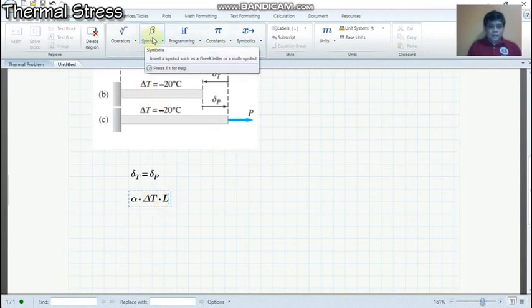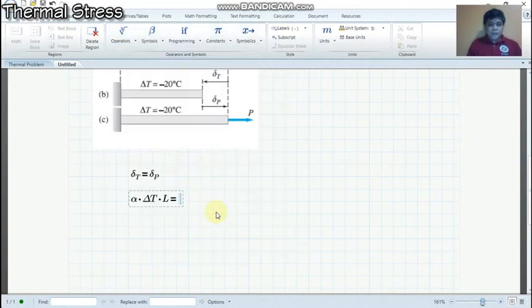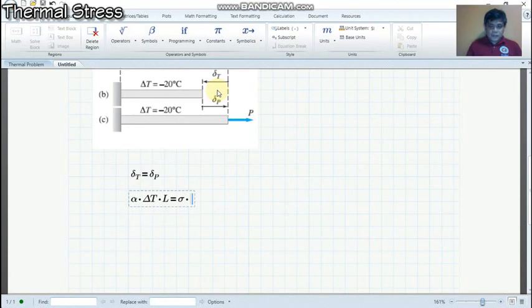And that's equivalent to the elongation in the bar. So that's equivalent to the stress in the bar multiplied by the length divided by the modulus of elasticity. Since they have the same length, we can cancel L.